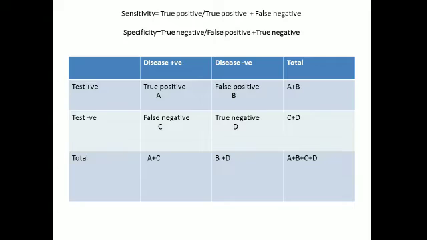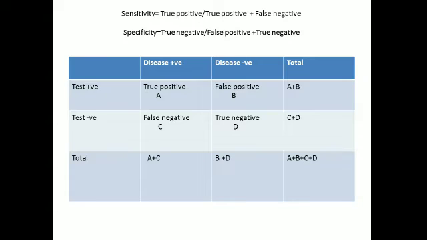So the test shows negative, so it is false negative. And true negative is where the patient has no disease and the test also shows no disease, so the total will be C plus D. And here the total number of disease positive will be A plus C, total number of disease negative will be B plus D, and the overall total will be A plus B plus C plus D.